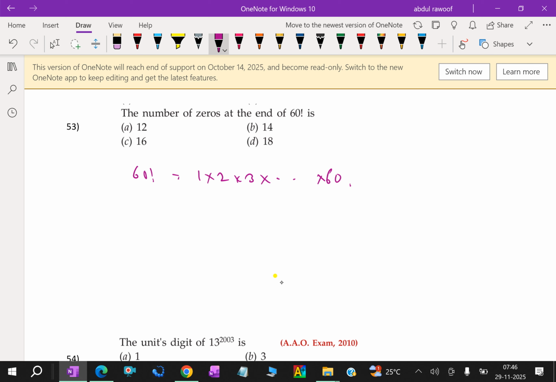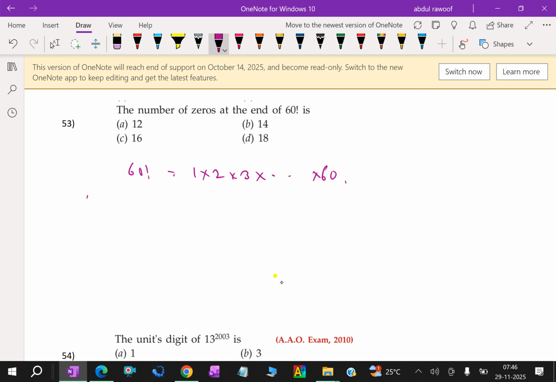So, the required zeros equal the highest power of 5, which is 60 by 5 plus 60 by 5 square.